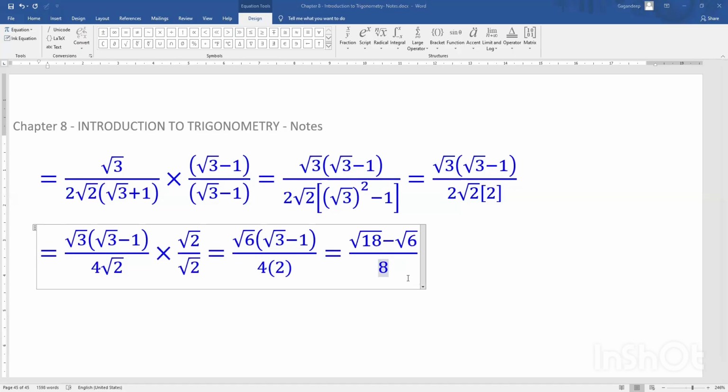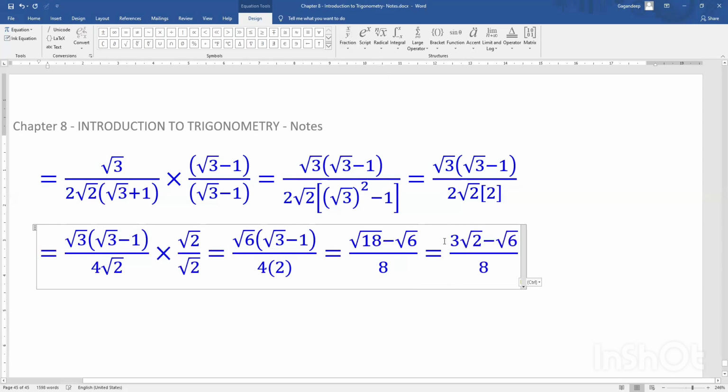See here, root 18 we can split it. I can show it as 9 into 2. So I write it as 9 into 2.